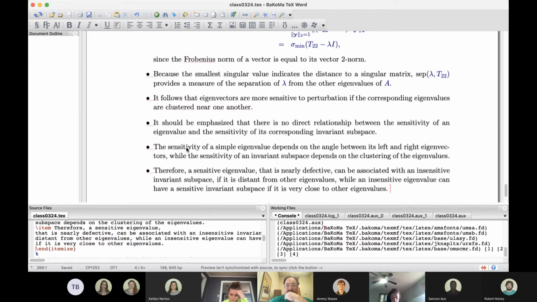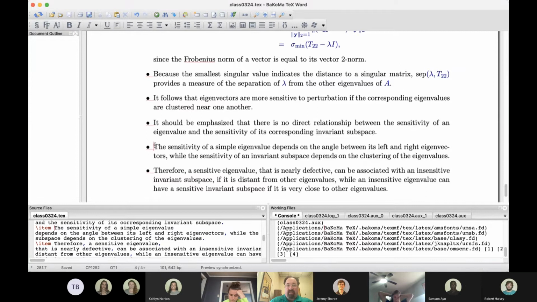So as some examples, well, first of all, before we talk about that, what actually drives sensitivity of eigenvalues and eigenvectors? That is summarized right here. The sensitivity of an eigenvalue depends on the angle between its left and right eigenvectors. Are they nearly parallel, in which case they're insensitive, or are they nearly orthogonal, in which case it's sensitive? The sensitivity of an eigenvector depends on how clustered the eigenvalues are.